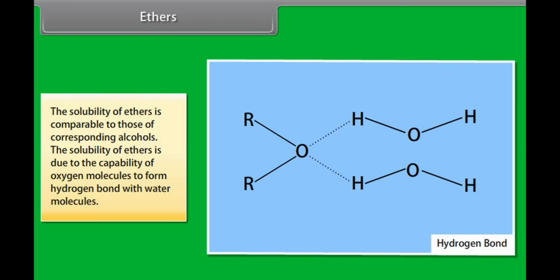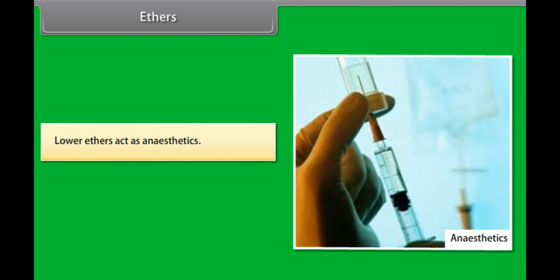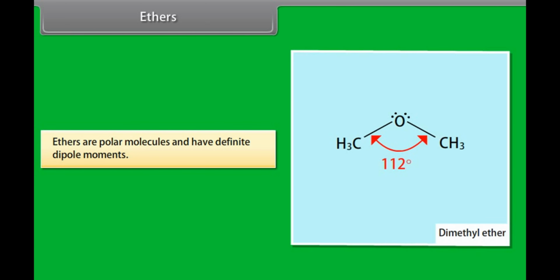The solubility of ethers is due to the capability of oxygen atoms to form hydrogen bonds with water molecules. The boiling points of ethers are much lower than that of alcohols due to lack of hydrogen bonding. Lower ethers act as anesthetics. Ethers are polar molecules and have definite dipole moments.